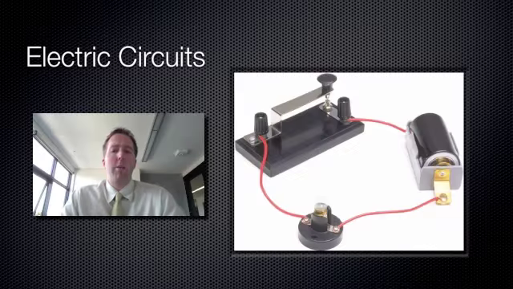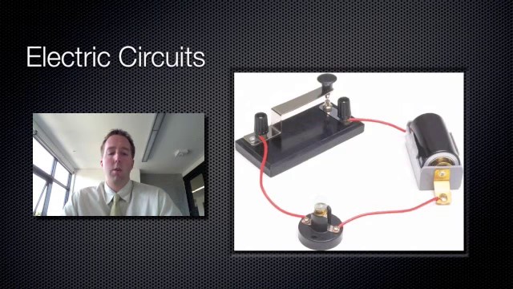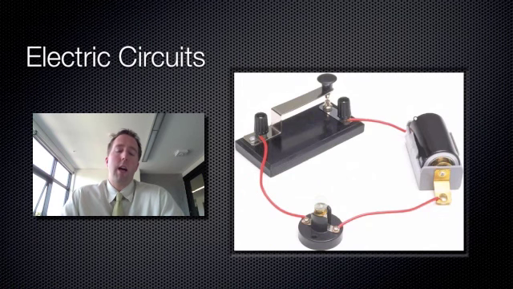I want to expand on that a bit more in terms of electricity flowing, because something that's really, really important when you're learning about electric circuits is that the circuit has to allow electricity to flow, or electrons to flow, all the way around the circuit. So in this example here, I've got a battery, and electric charge, or electrons, come out of this battery and they travel along this wire.